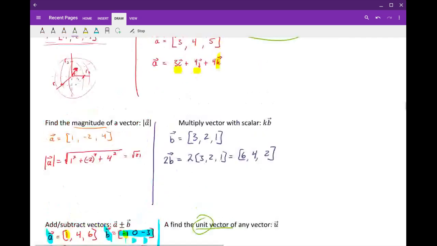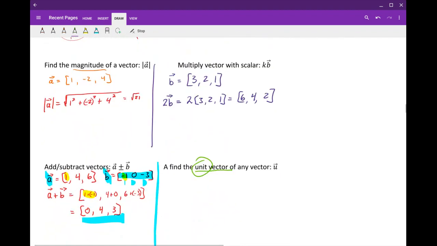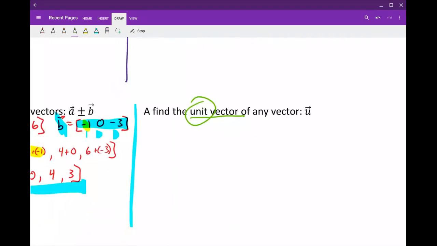There's the unit vector notation where you use i, j, and k to name vectors. Some textbooks use this. My physics textbook, for example, uses almost exclusively the i, j, k vectors. Then there's something called a unit vector itself, and it's got a u. Basically, if I've got a vector A that's maybe 3, 2, 1, for example.